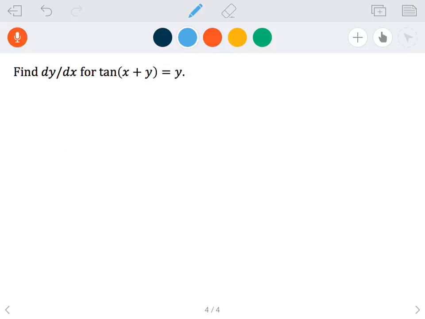Let's do another one. Find dy dx for tangent of x plus y equals y. There's no way I'm solving that for y, so I have to solve this implicitly. And what I have is a chain rule. I have a function inside a function, so I'm going to start with the outside. The derivative of tangent is secant squared of x plus y, but then I have to take the derivative of my inside.